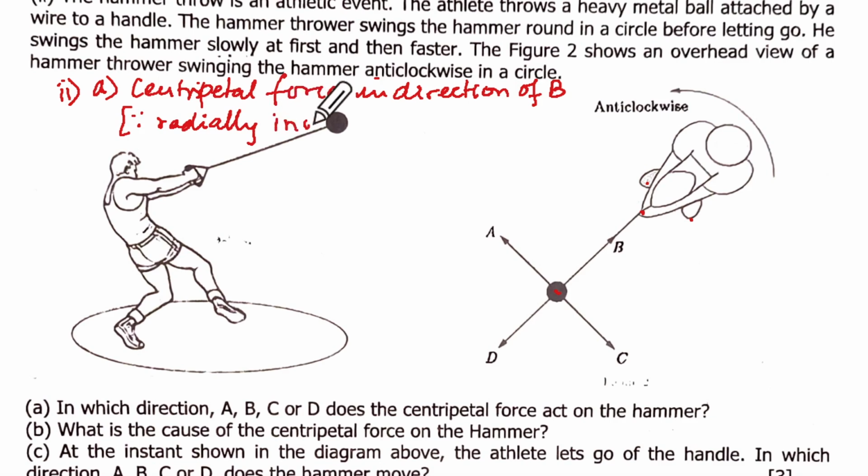Remember, not just that, but you should be able to answer the questions based on this. We come to the B part. For the B part, what is the cause of the centripetal force on the hammer? It will be the tension in the wire.